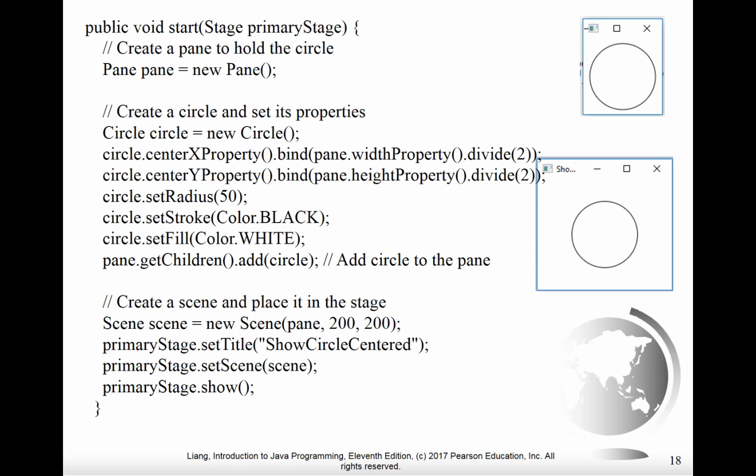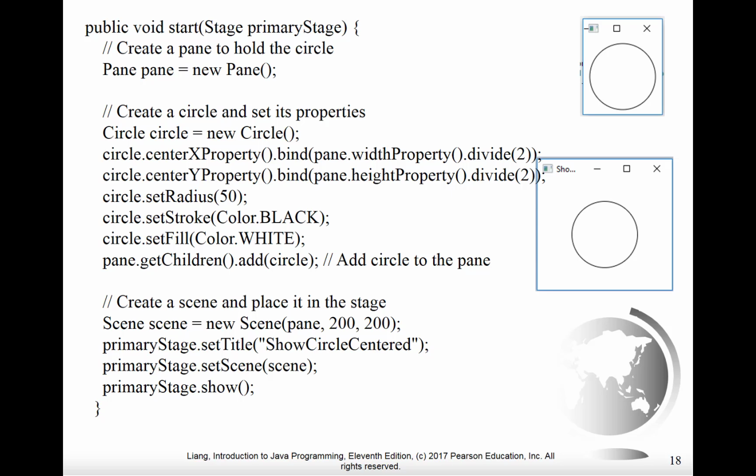The difference between what's happening here and what happened in the previous demo is that we set the x and the y coordinates for the center of the circle to static values that did not change. We set them to 100 and they stayed there no matter what happened to the window. But now when we do it this way, there's a binding between the property representing the width and the height of the window and the properties representing the center of the x and y coordinates for the circle.